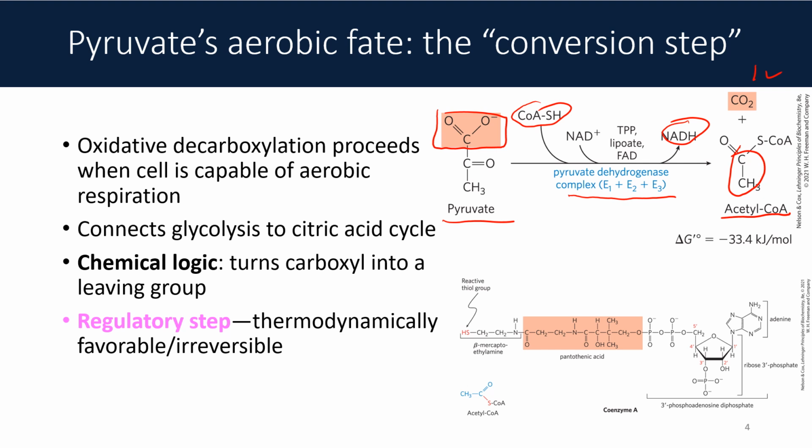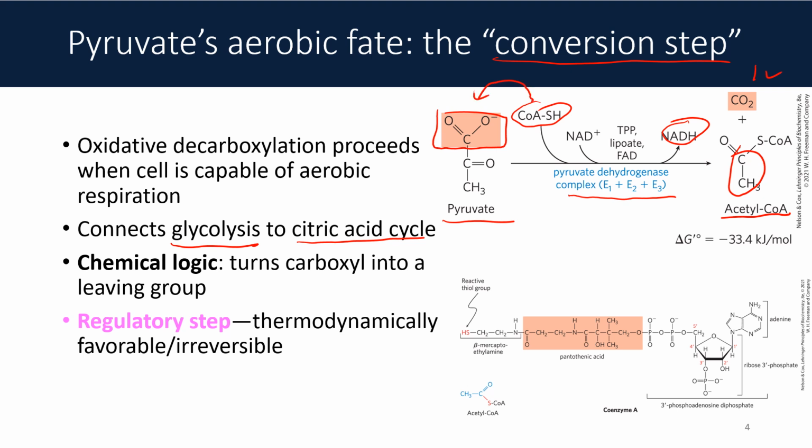This step is sometimes called the conversion step because what we are effectively doing is connecting anaerobic glycolysis to the aerobic citric acid cycle. And what is the chemical logic here? Well, we're making this entire carboxyl moiety in red a good enough leaving group to allow for coenzyme A to replace it.